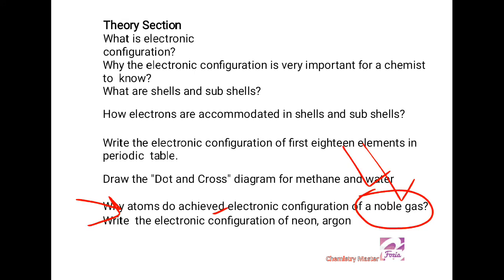Now you have to write the configuration of neon and argon, and I'm sure that when you write the answer of the first 18 electronic configurations of elements, you will get your answer already done. I'm leaving you with the hope that this discussion will be very helpful in solving this worksheet.